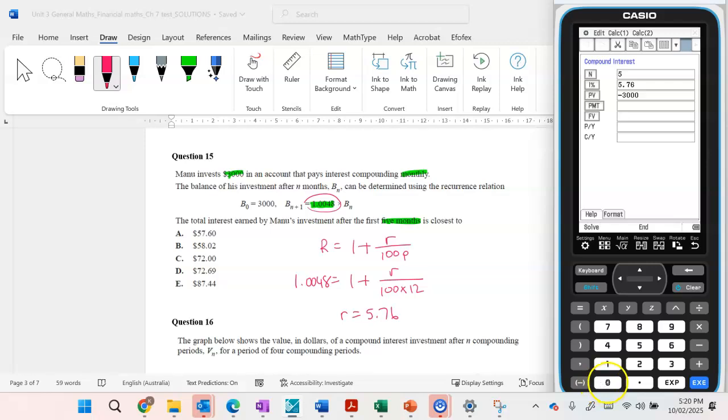I can tell because in our recurrence relation, there's no minus or plus. Our future value is what we're going to look for, and it's compounding monthly, so 12 and 12. All right, so the future value is 3,072.69.